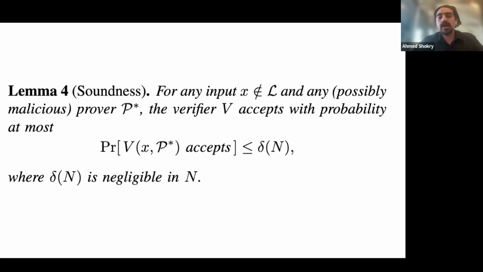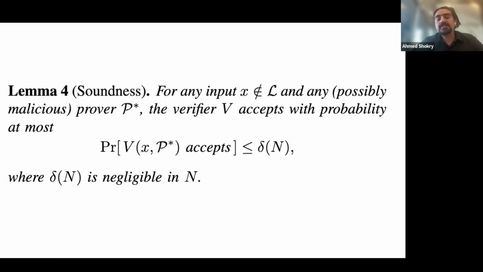Our protocol is also sound in the sense that, given a dishonest prover that claims an angle between the two groups that is not correct, the verifier will not accept this proof with high probability. For example, the probability that the verifier accepts this proof will be less than delta n, where delta n is negligible in n.